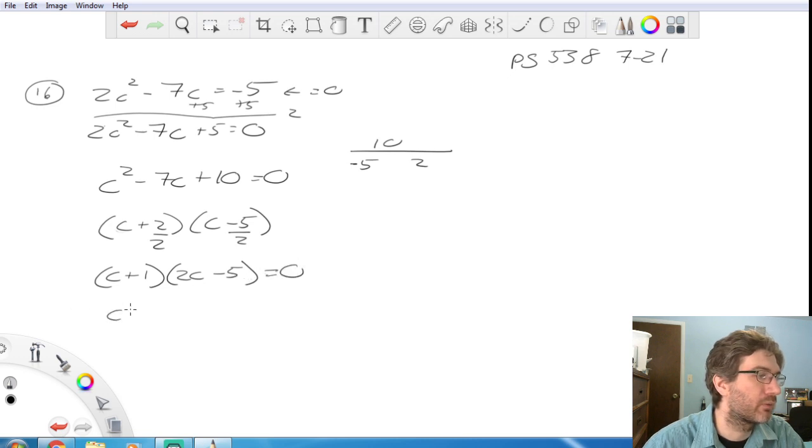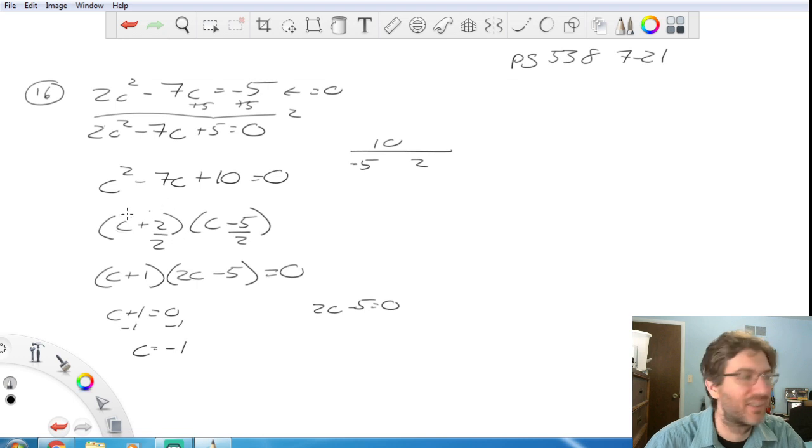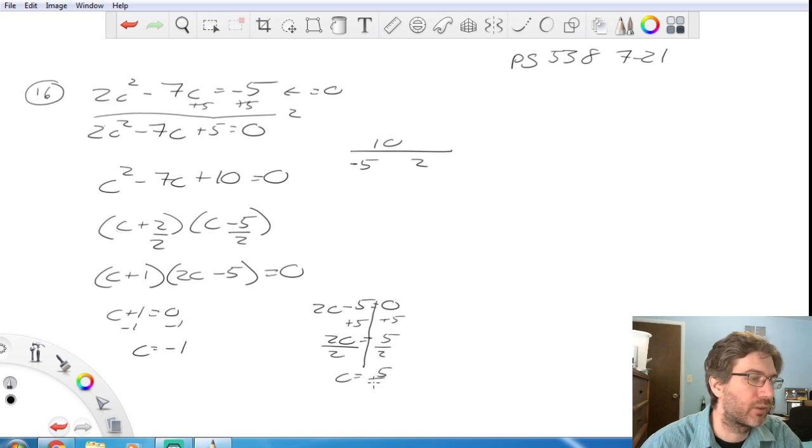So c plus 1 has to equal 0, and 2c minus 5 has to equal 0. In this case, you get c equals negative 1, which is the opposite of this, which is also the opposite of this. So be aware of that. This is a minus sign. And here you add 5 to both sides, you get 2c equals 5, divide by 2, divide by 2, you get c equals 5 halves.